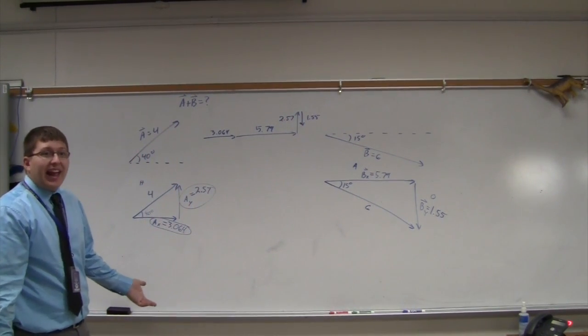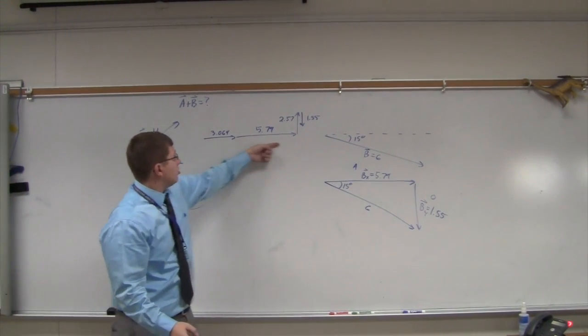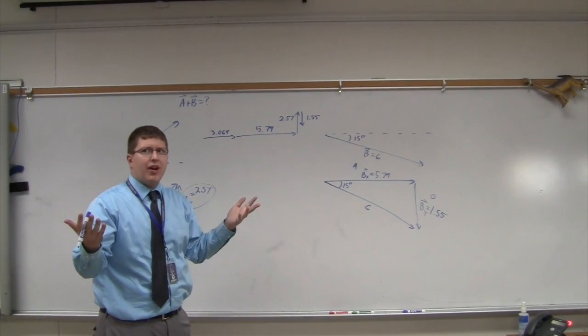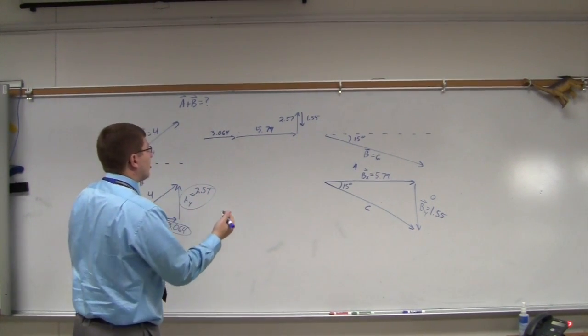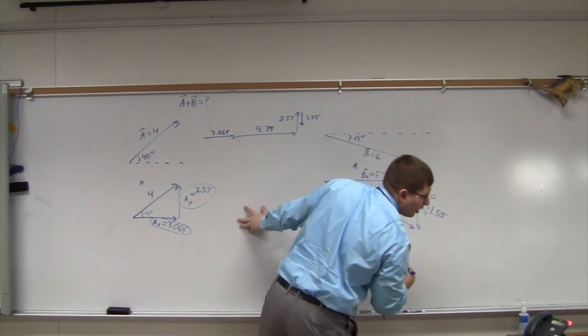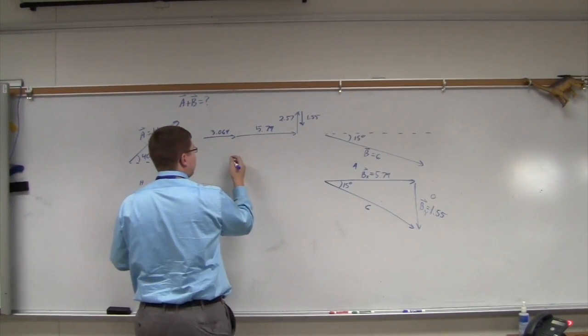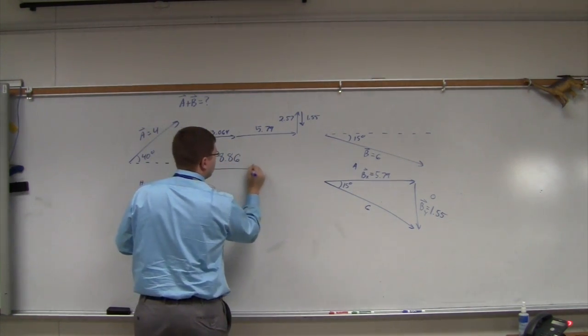And so really I'm just adding vectors, again, head to tail. So I have these two going head to tail. We now made this into a problem we know how to do. I know how to do vectors that are going the same direction. So if I add up these two numbers here, I should get a grand total in the x direction of 8.86.